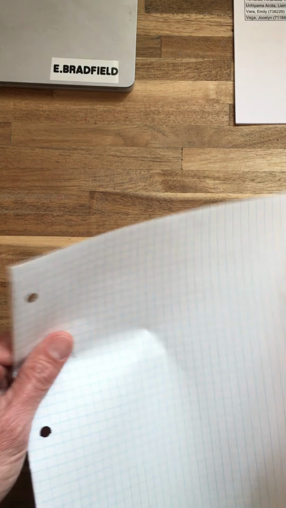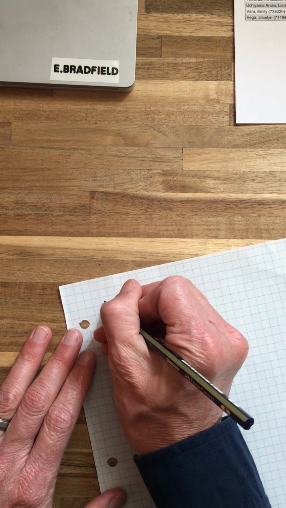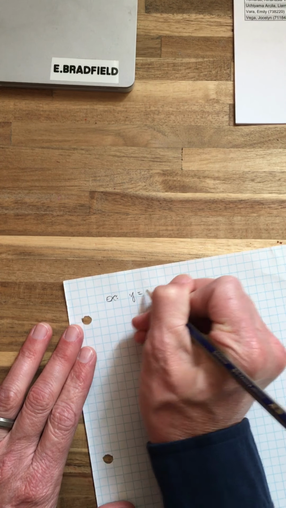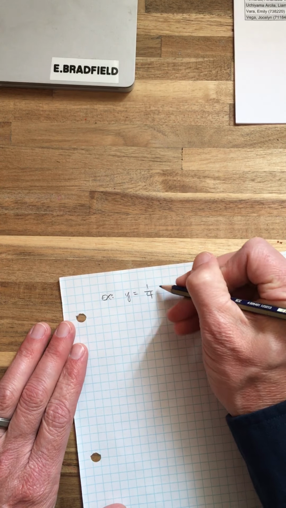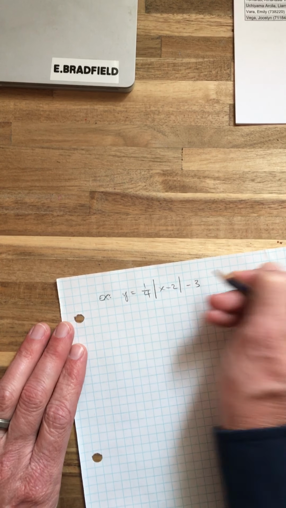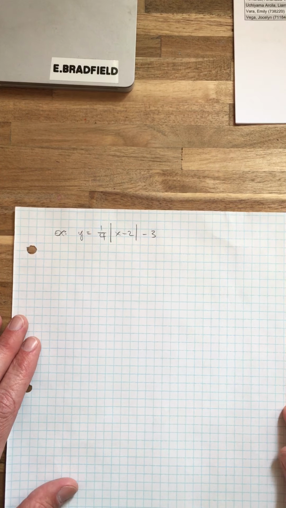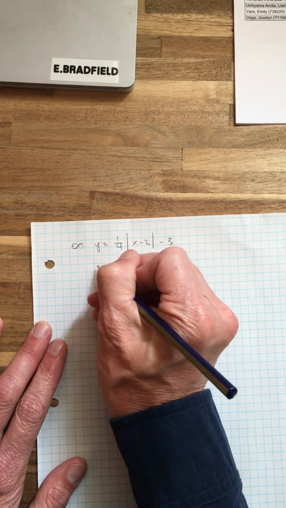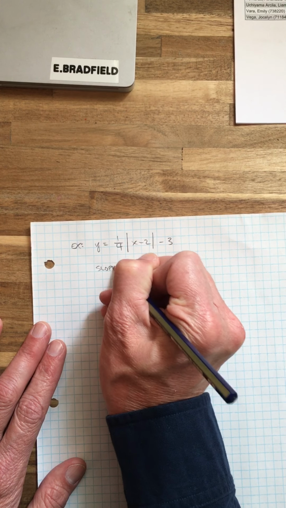Here is my second example, and that is y equals 1/4 times the absolute value of x minus 2 minus 3, okay? All right, and here all we have to do is write down the slope, okay?